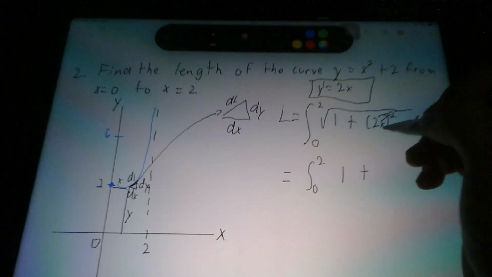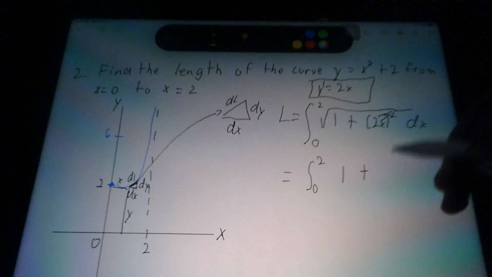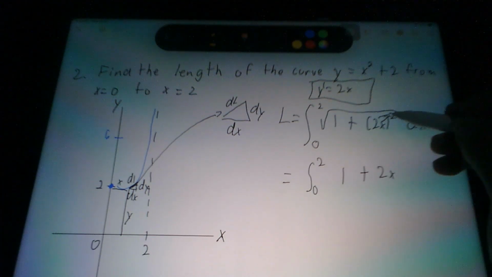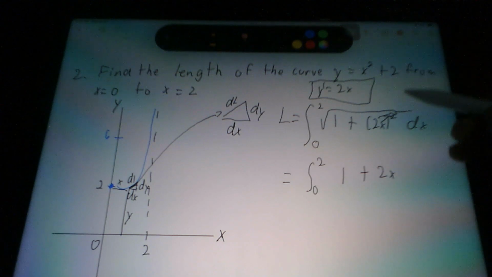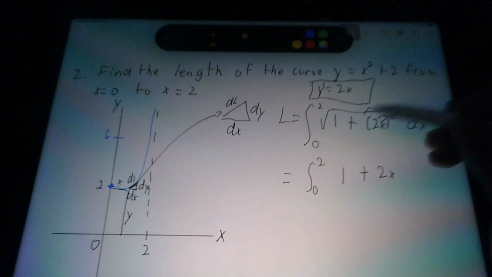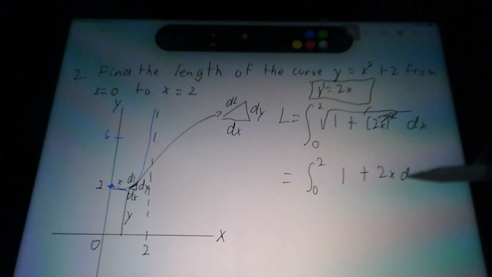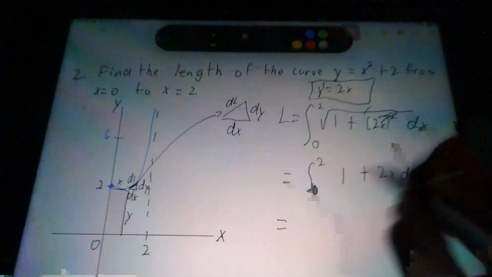So the square root of 4x squared is just 2x. Now we are ready to integrate this problem.